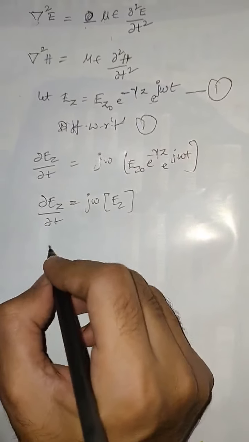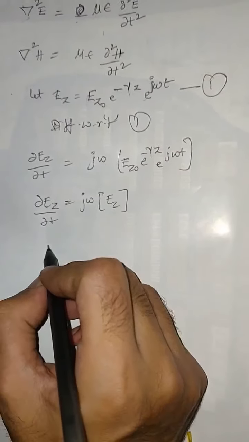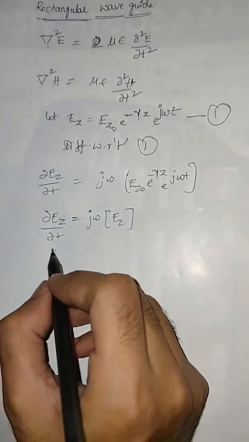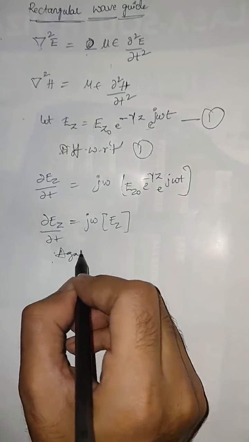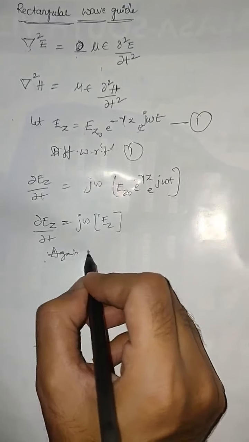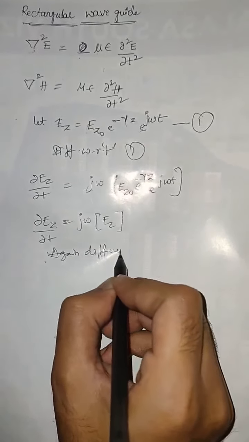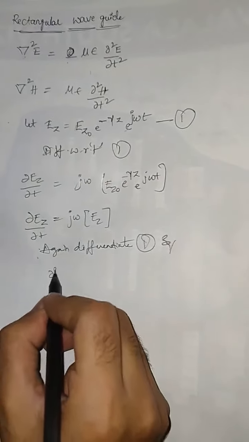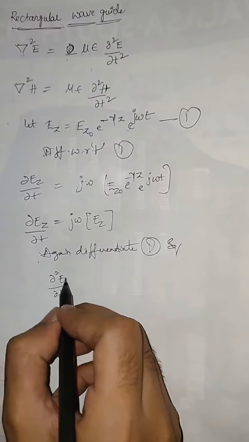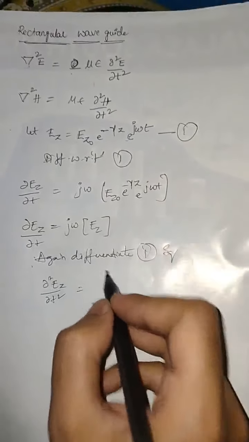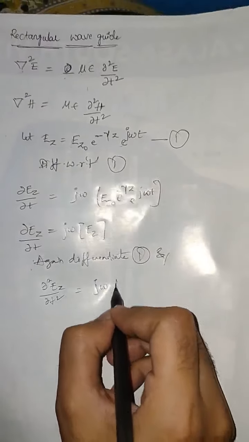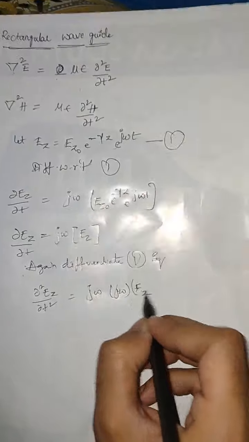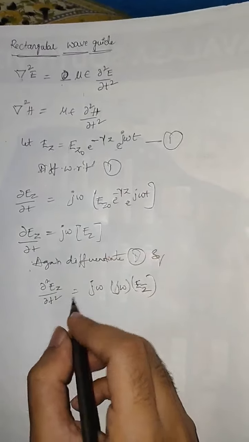In this way, if you again differentiate the first equation, you will get dou square Ez by dou t square is equal to j omega multiplied with j omega Ez.